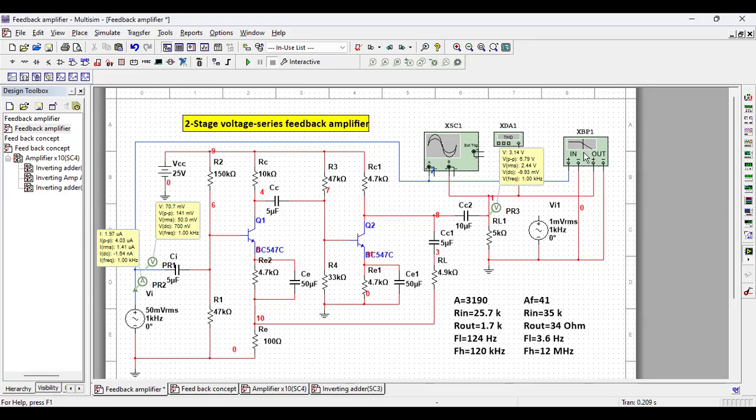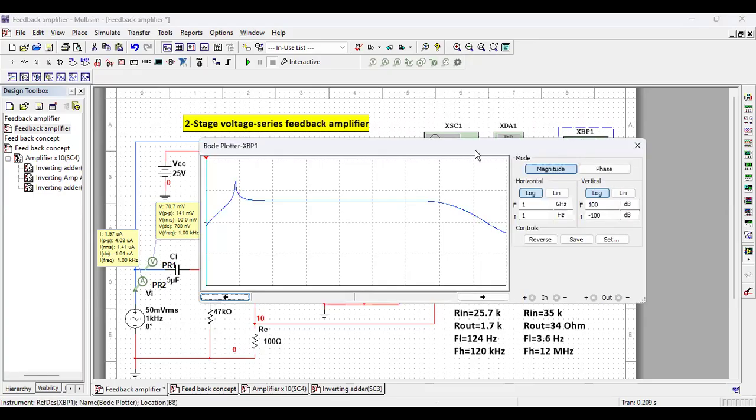Now let us see the frequency cutoff bands. Here, now my mid-band is 33.8. 33.8 minus 3 dB is 30.8. If we go to 30.8, we have to find out the frequency. So it is 10.98 megahertz.